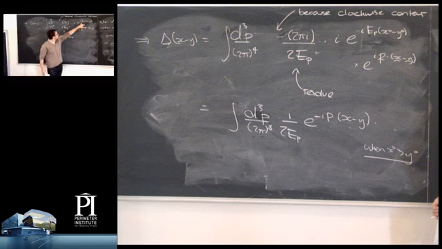And finally, there's one other piece of the residue, which was that there was a p0 sitting here. So you replace that with the value of p0 at the singularity, which is EP.